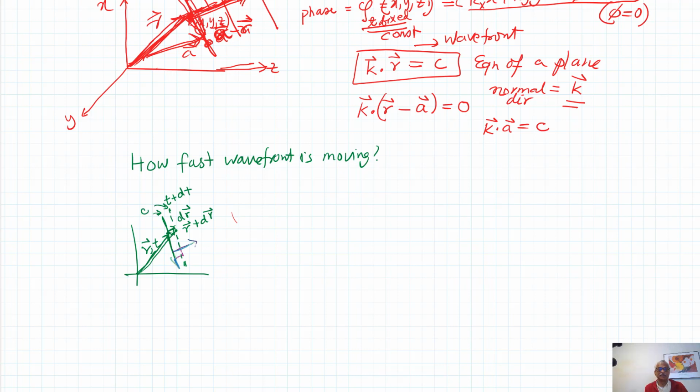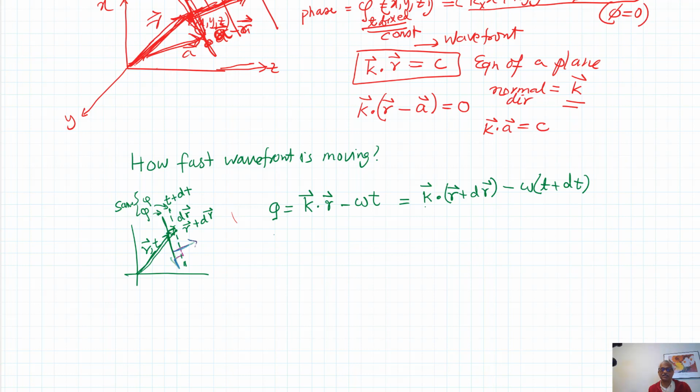This phase is same. So phase was k times r minus omega t, and this is same as k, which is constant, dot r plus dr, minus omega t plus dt.